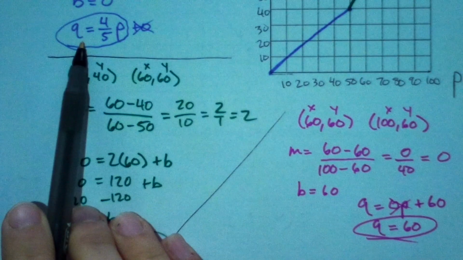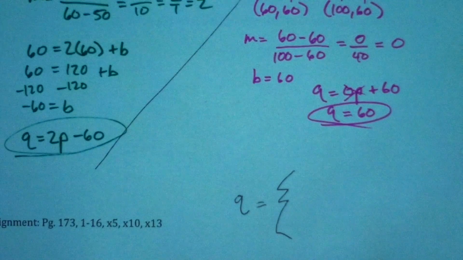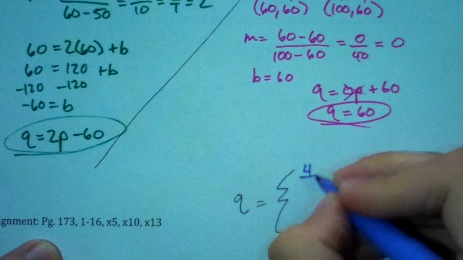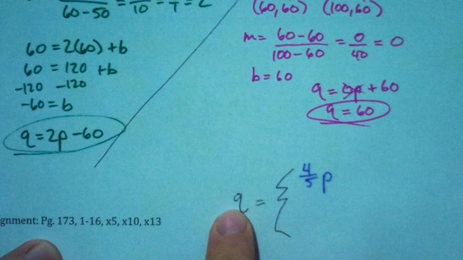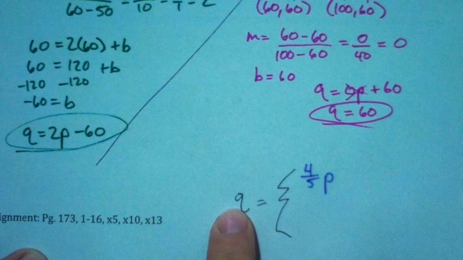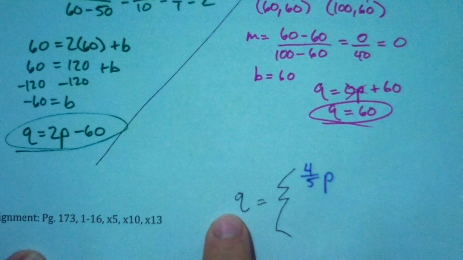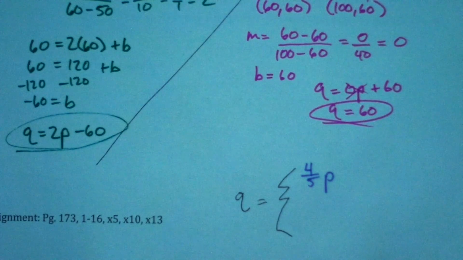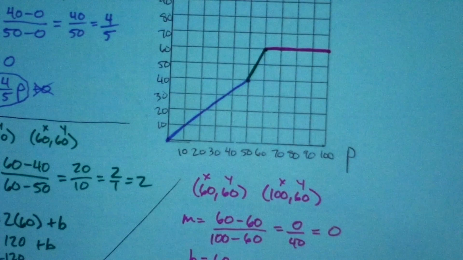So this would be for 60 less than p less than or equal to 100. And our graph just stops at 100. We don't know what happens past that, so we just end it at 100. Okay, but again, we don't need the mark for the 60 there because 60 was included up top there. Okay, it's quite the process, but it's just solving equations like we've done lots and lots of times before, right? So it's just doing it, but doing it in little chunks of lines. Okay, and that's called piecewise.